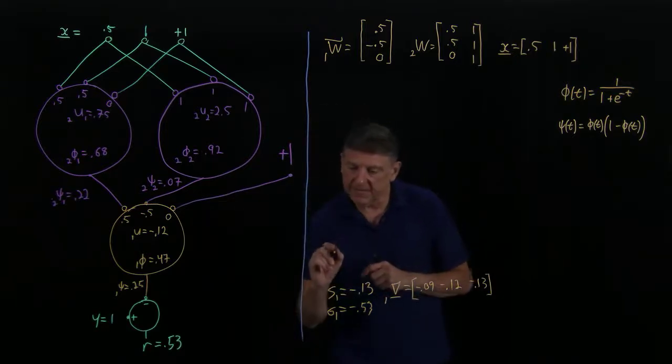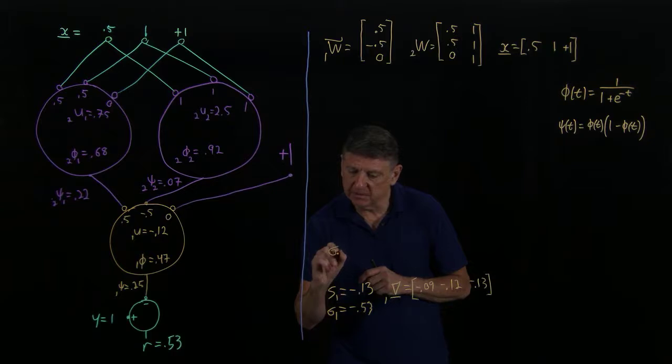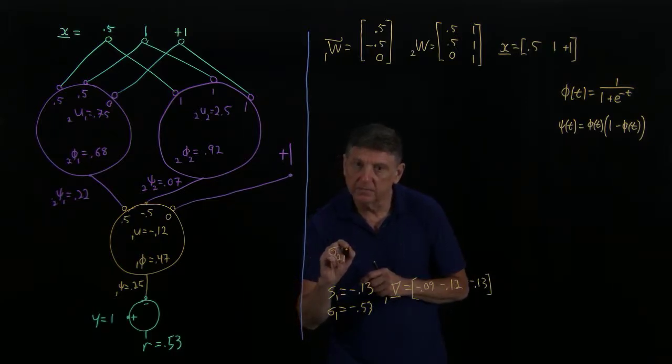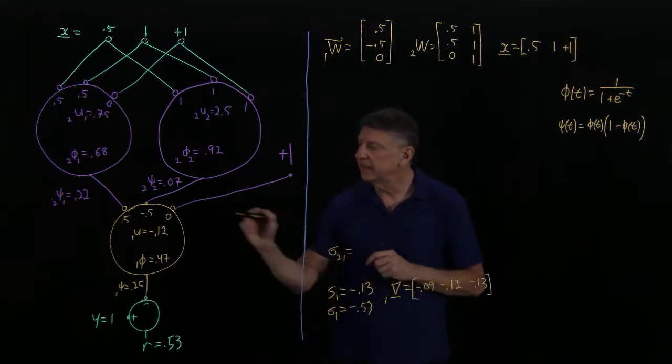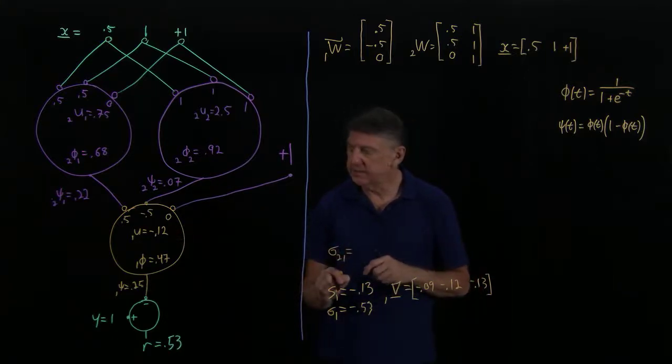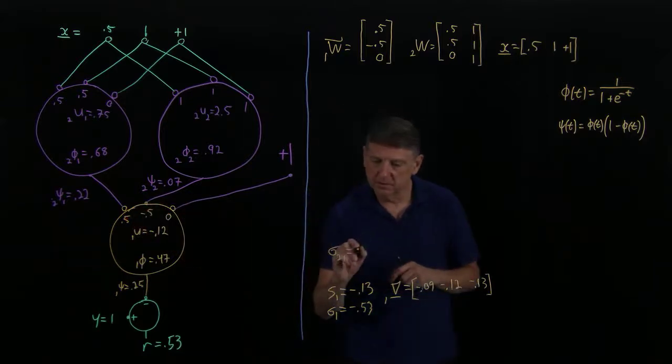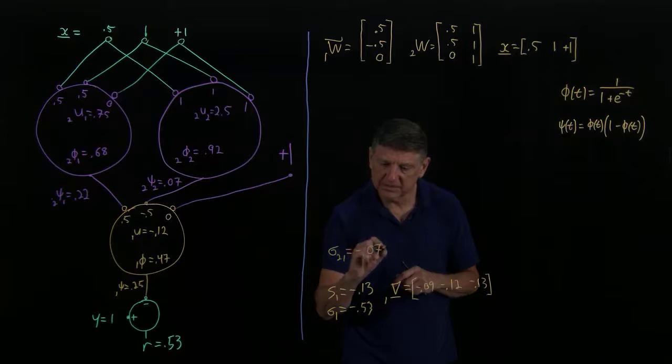So that means that sigma layer 2 neuron 1, what it sees is this scale factor times that weight, which is minus 0.07.